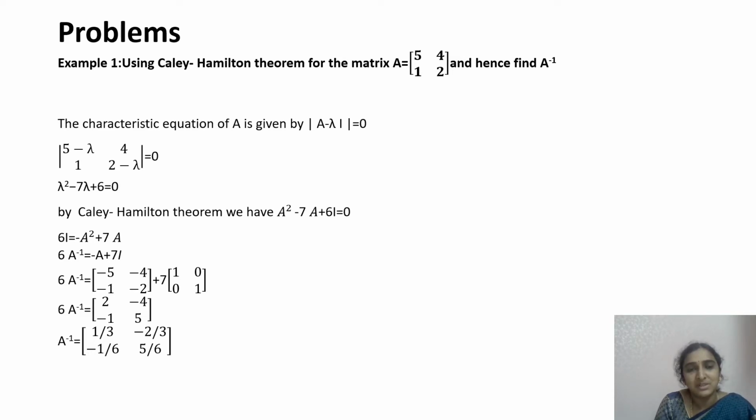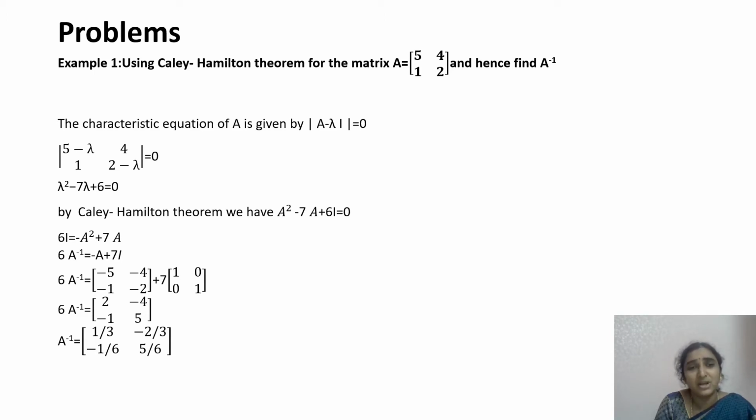By the Cayley-Hamilton theorem, we have A square minus 7A plus 6I is equal to 0. That would imply 6I is equal to minus A square plus 7A. Now multiplying A inverse on both sides, we get 6 into A inverse is equal to minus A plus 7I.